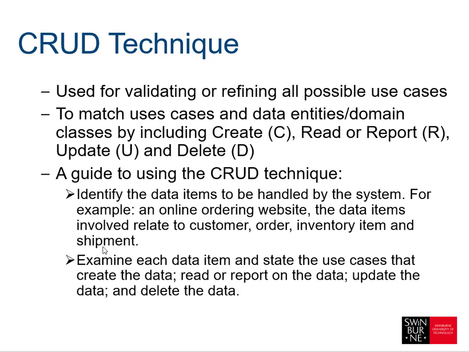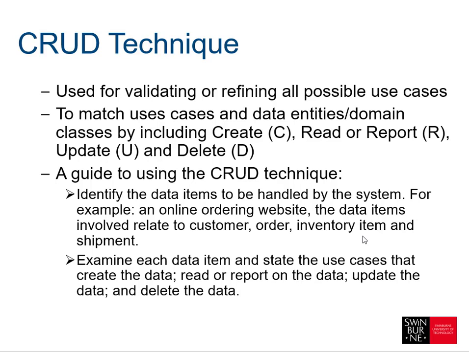Now I have given some guide to the CRUD technique. So first we need to identify the data items or data entities to be handled by the system. For example, in an online ordering website, data items can be related to the customer, right? So customer can be one data item or data entity. Order can be another data entity.